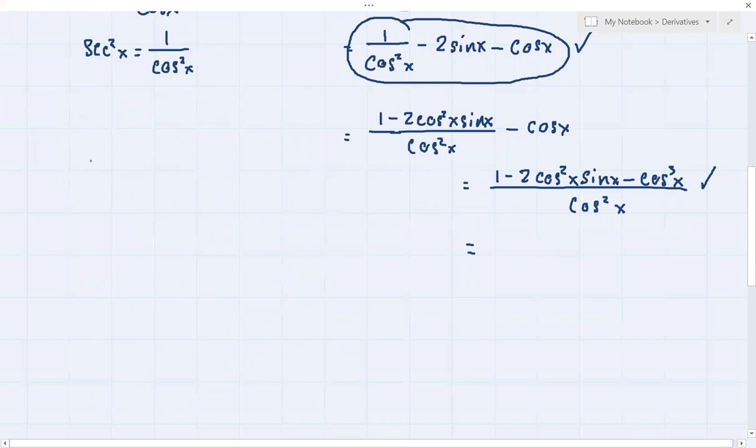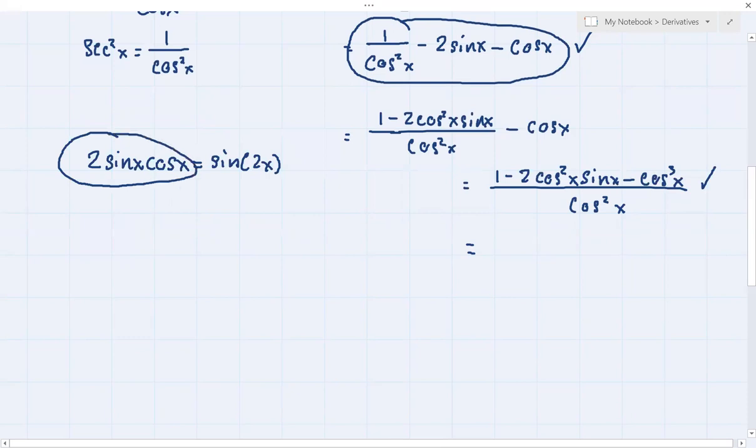It reminds me of something. 2 sin x times cosine x is equal to the sine of 2x. So ito, galing to sa double angle identity. So kapag may nakita kang 2 sin x, cosine x, magkatabi-tabi, it means it is sine of 2x, in other words. Okay?